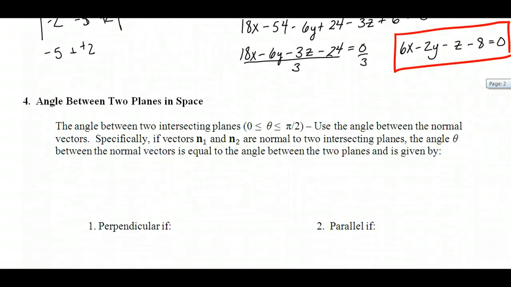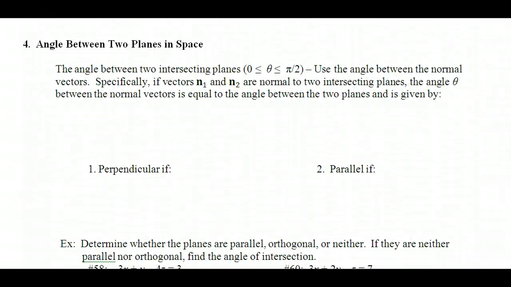Okay, another thing that we can do is find the angle between 2 planes in space. So the angle between two intersecting planes is going to be between 0 and 90, because no matter what, when 2 planes intersect, one of the angles will be between 0 and 90 degrees, or 0 and pi over 2.